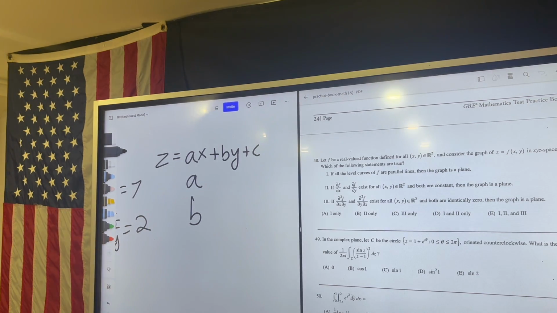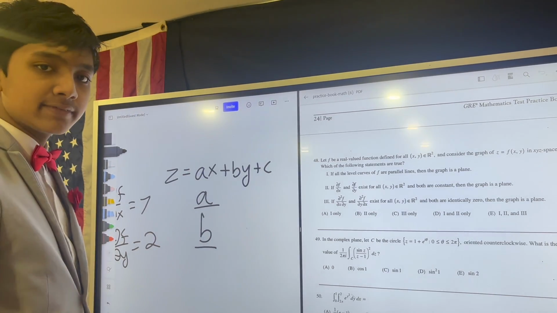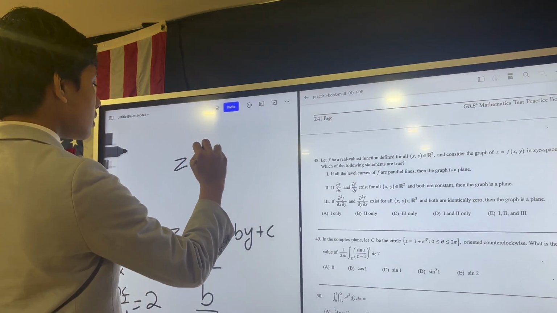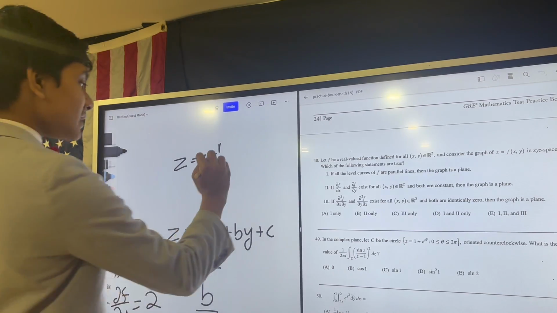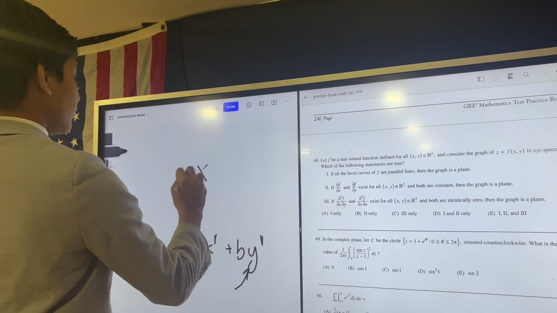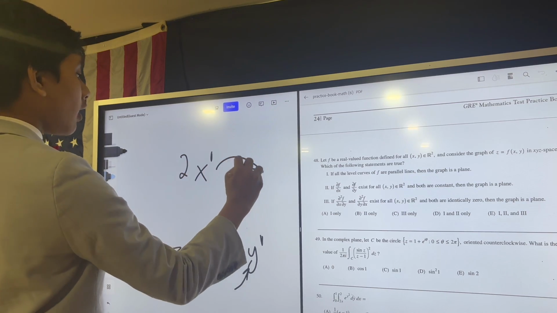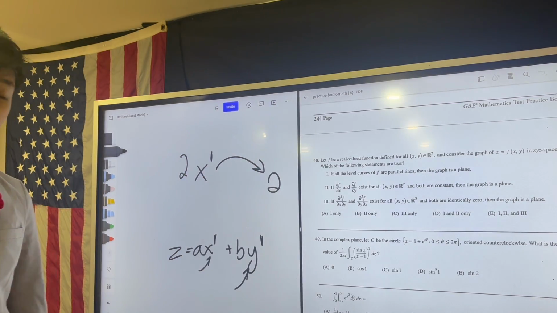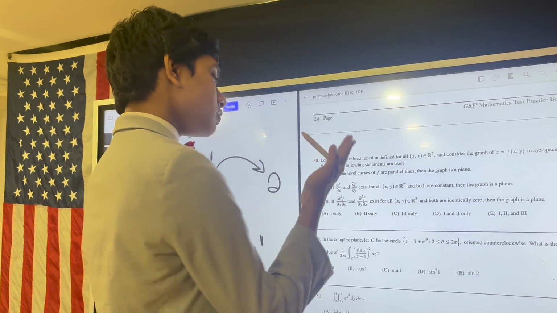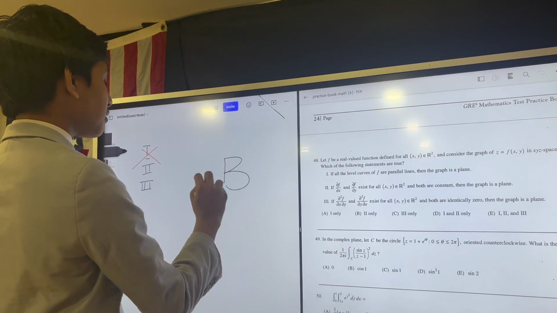There is no other function that just gives you constants for their derivatives. Why? Well, z is specifically a combination of the first degree term of x and the first degree term of y. The first degree function is the only function that will give you a constant as soon as you take its derivative, aside from constants themselves. So that's exactly why 2 is the only correct one, which means our answer is B.